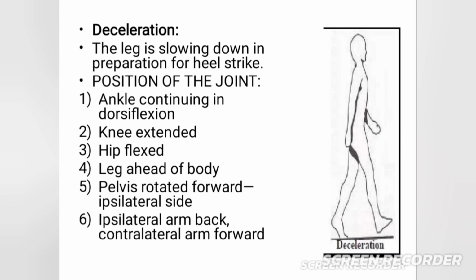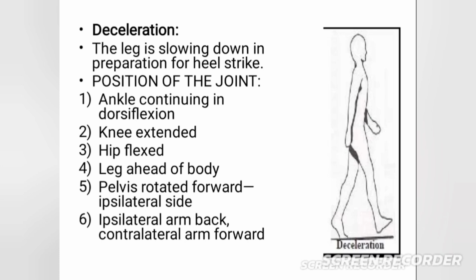Last one, that is the deceleration. Deceleration starts when the leg is slowing down in preparation for the next heel strike. So that is the last phase of the traditional method of the gait cycle. In that, the ankle continues moving into dorsiflexion.